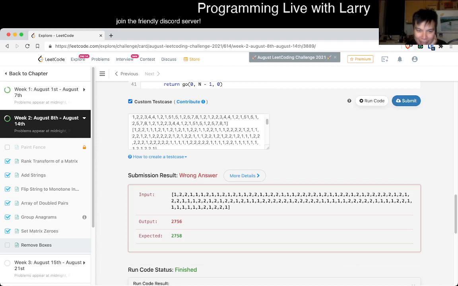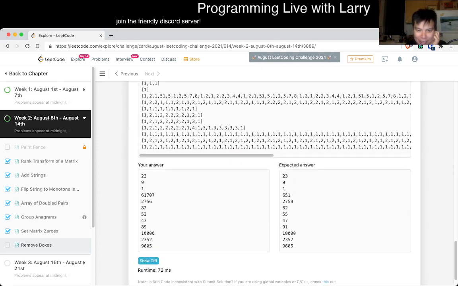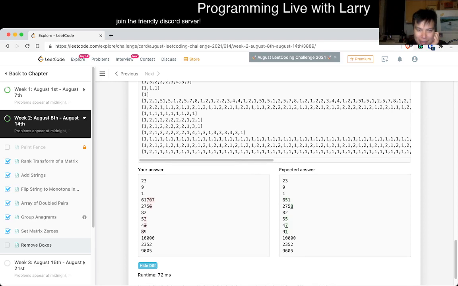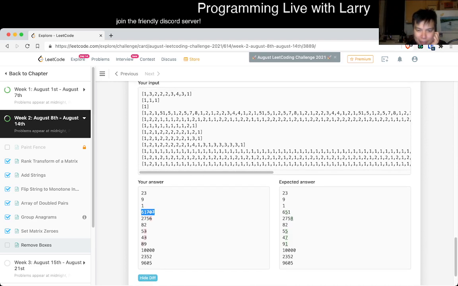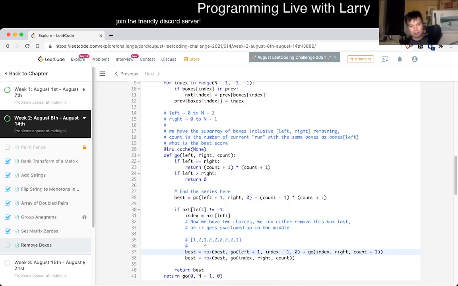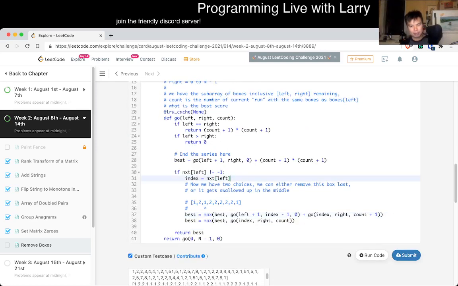Okay. But now I have way wrong answers, like this one, which doesn't even make sense. Yikes. How did that happen? Before we had a solution that worked.